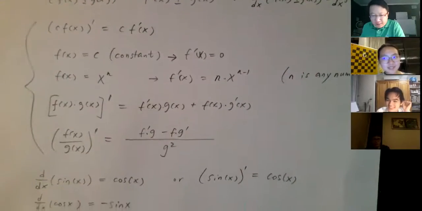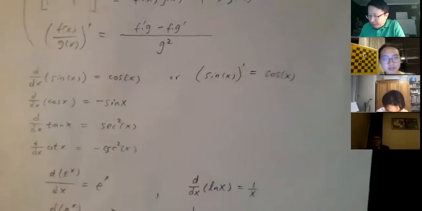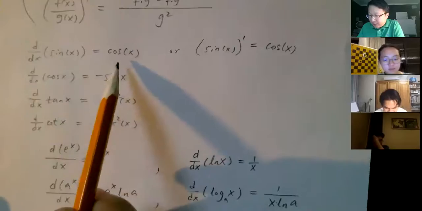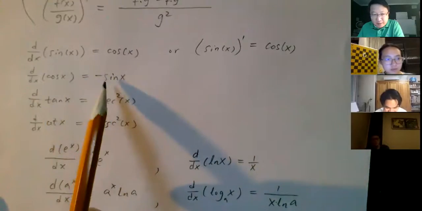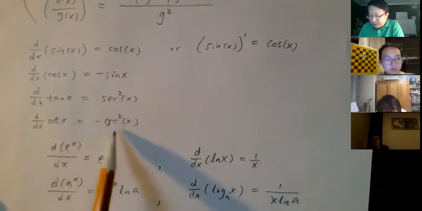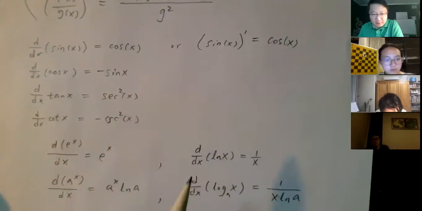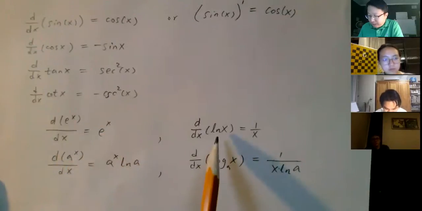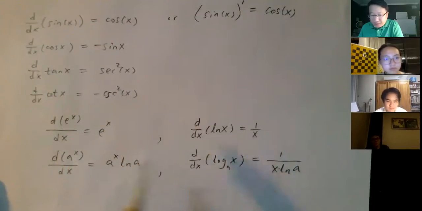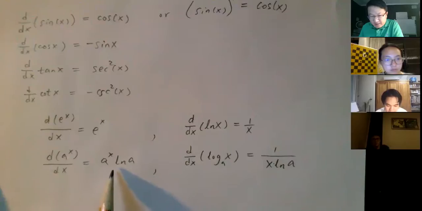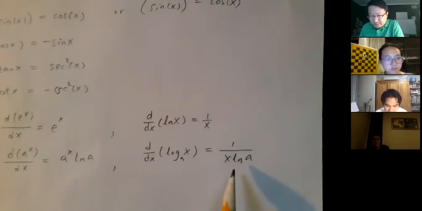So those are some of the operational rules, and you can individually prove each of them by going back to the definition of the derivative. Then of course there are the ones I already went through a little bit. The derivative of sine is cosine, the derivative of cosine is minus sine, and the derivatives of tangent and cotangent are these. You can prove that if you like. And the derivative of e to the x is itself, and the derivative of natural log is 1 over x. This one is a little more complicated, becoming this, and this one is this.